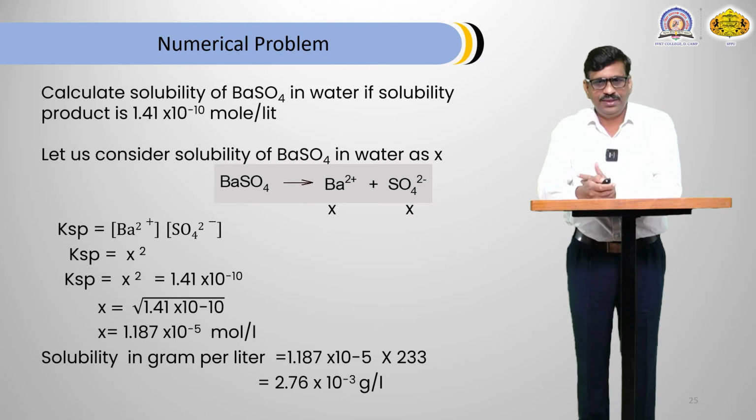Solubility in gram per liter can also be calculated: 1.187 into 10 raised to minus 5 into the molecular weight of barium sulfate. Answer is 2.76 into 10 raised to minus 3 gram per liter. Hence, solubility in mole per liter as well as gram per liter can be calculated if solubility product of that salt is given.